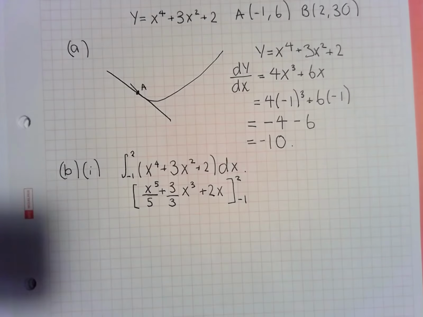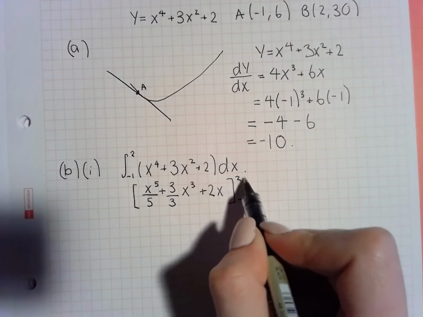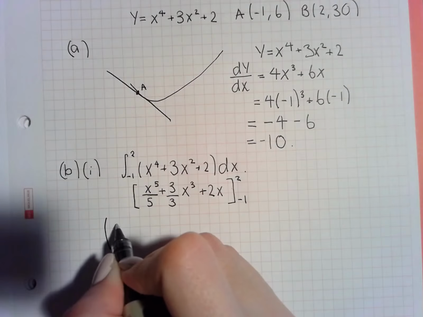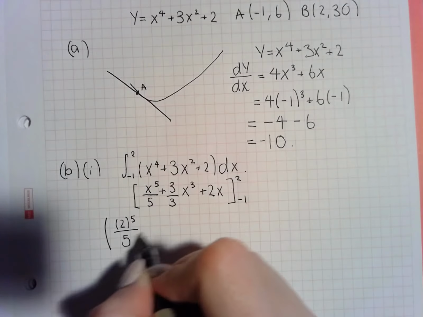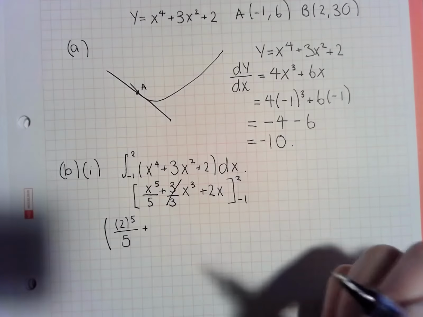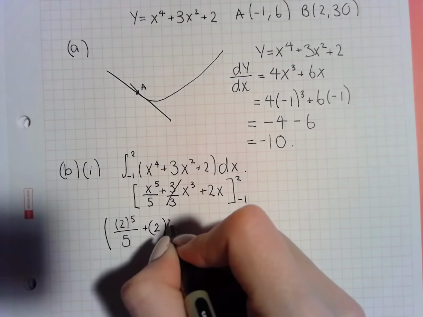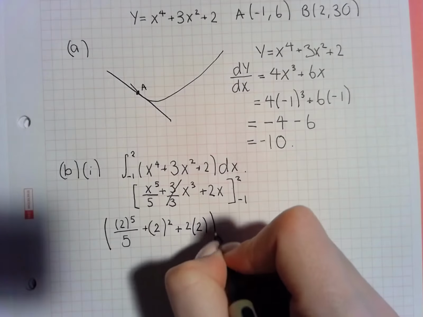Now, to apply the limits, we're going to sub the top limit in first, in brackets. So we're going to go 2 to the power of 5 divided by 5 plus 3 divided by 3 is 1, so let's just cancel that out. So then we've got 2 to the power of 3 plus 2 times 2. Right?